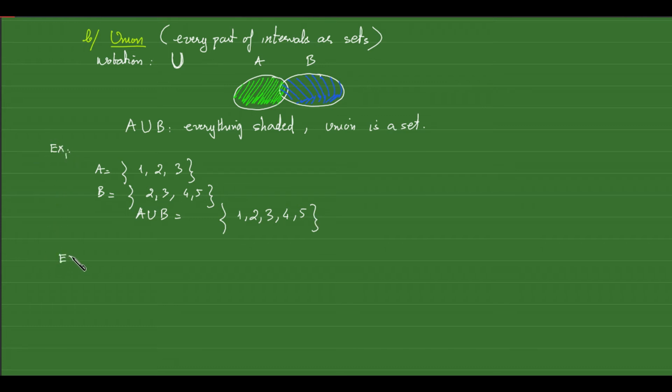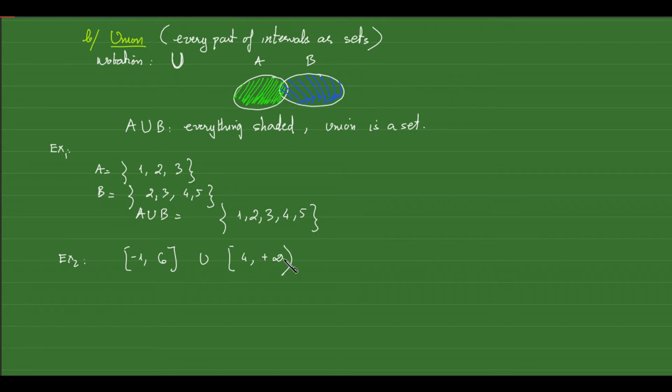How about this one? Let's deal with interval notation. What if I have [-1, 6] and I want to find the union of this interval with [4, infinity)?